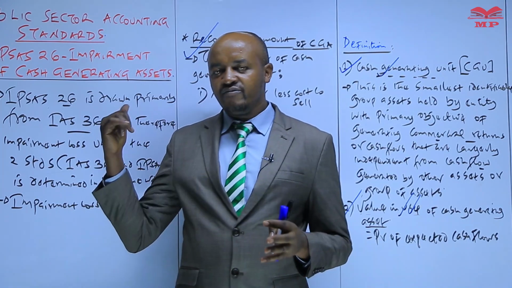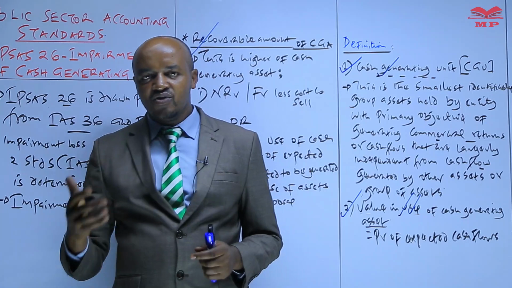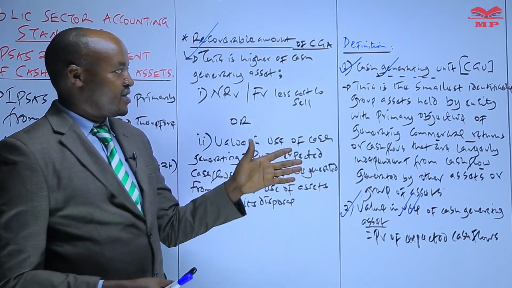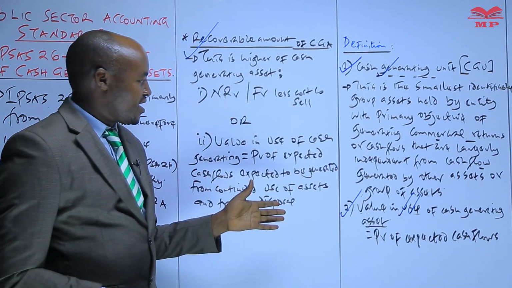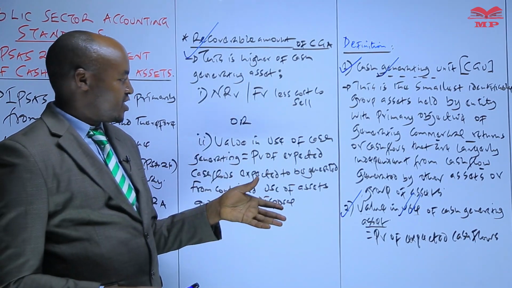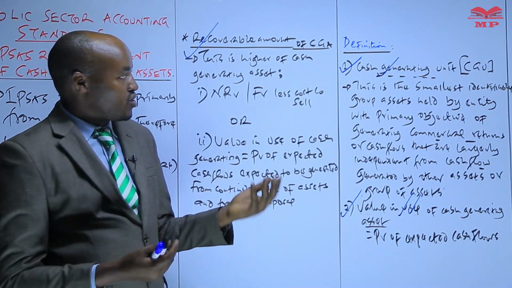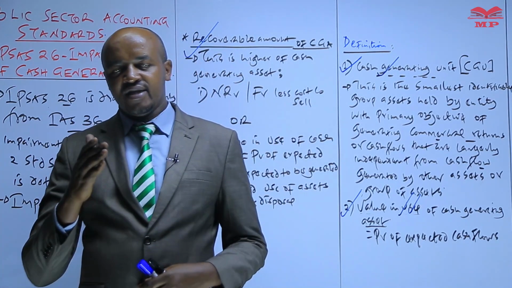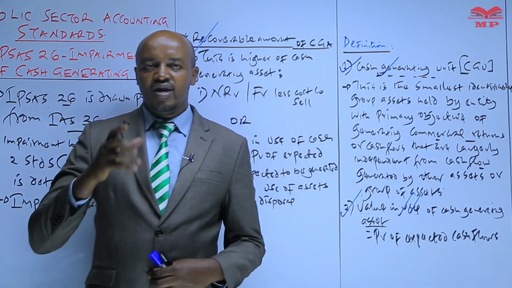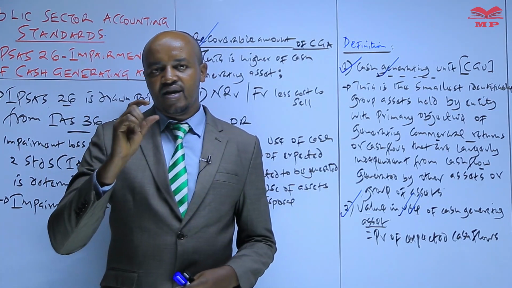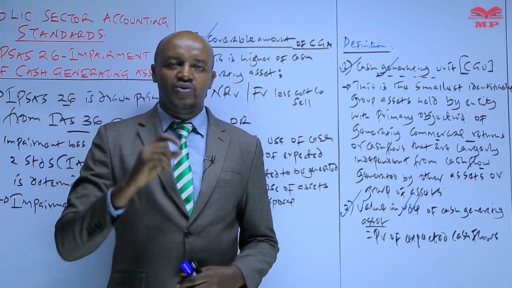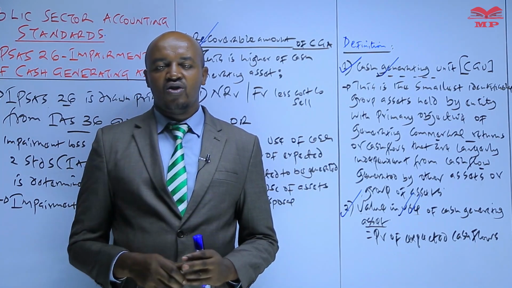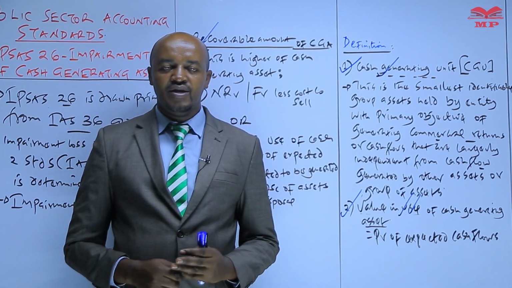Most of the questions from this standard require you to define a number of terms, like the cash generating unit, the value in use of a cash generating asset, or the recoverable service amount. So that is the end of that small subtopic regarding the determination of impairment loss of cash generating assets in accordance with IPSAS 26.